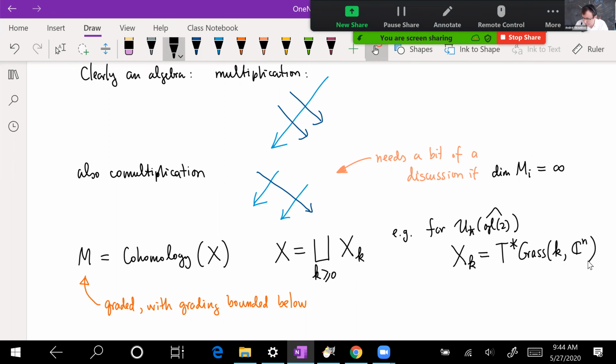I apologize, for my ground rings I sometimes write C, sometimes write K. If we're interested in physical applications, typically you're interested in these varieties as complex manifolds, so maybe I'll write C here.